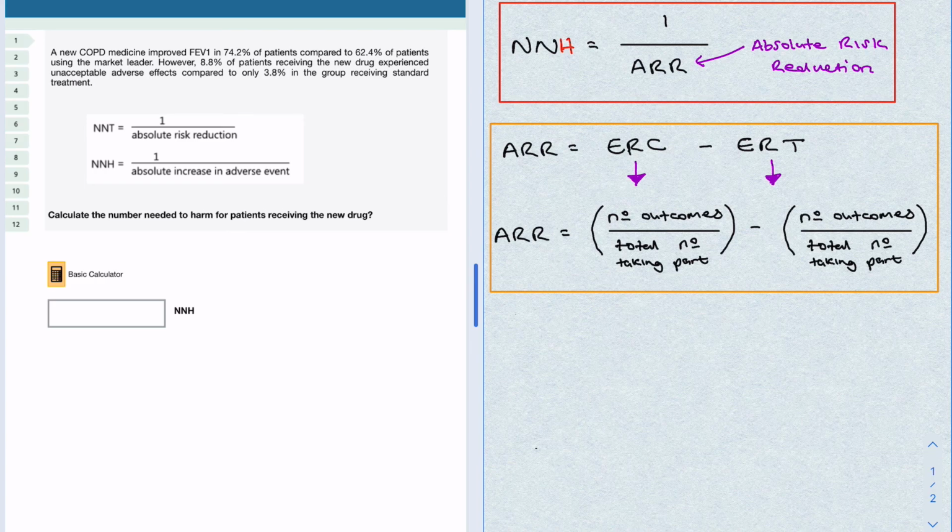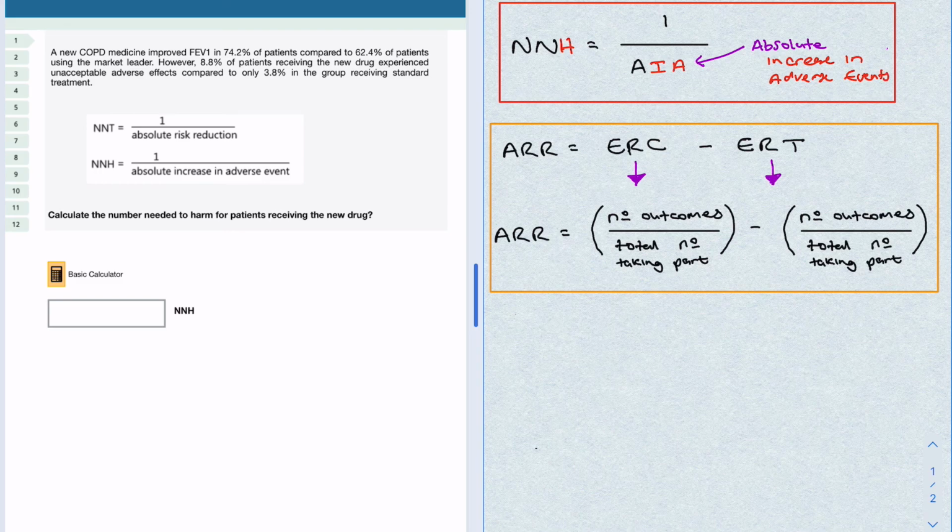I could delete the bottom bit where it says absolute risk reduction and rename it to say absolute increase in adverse events. But guys, it's just the same thing again.